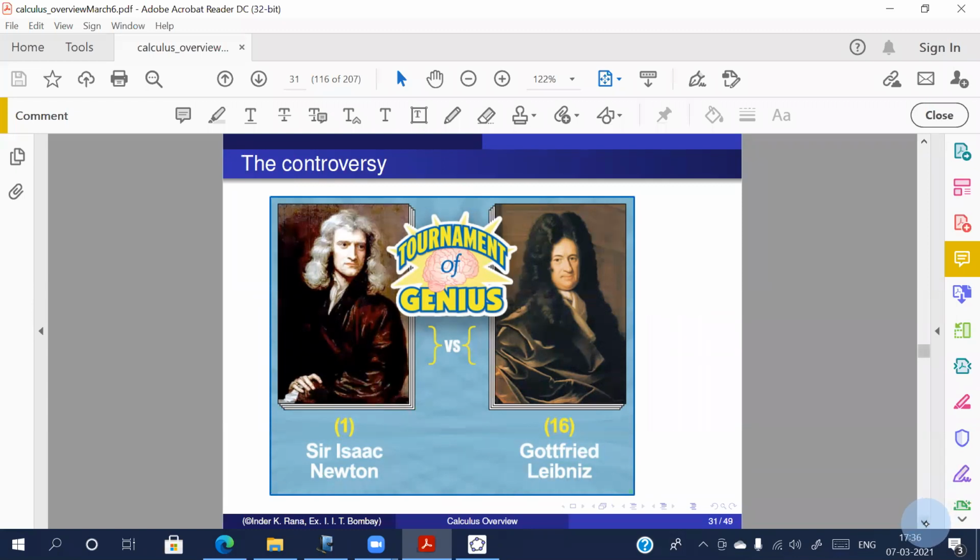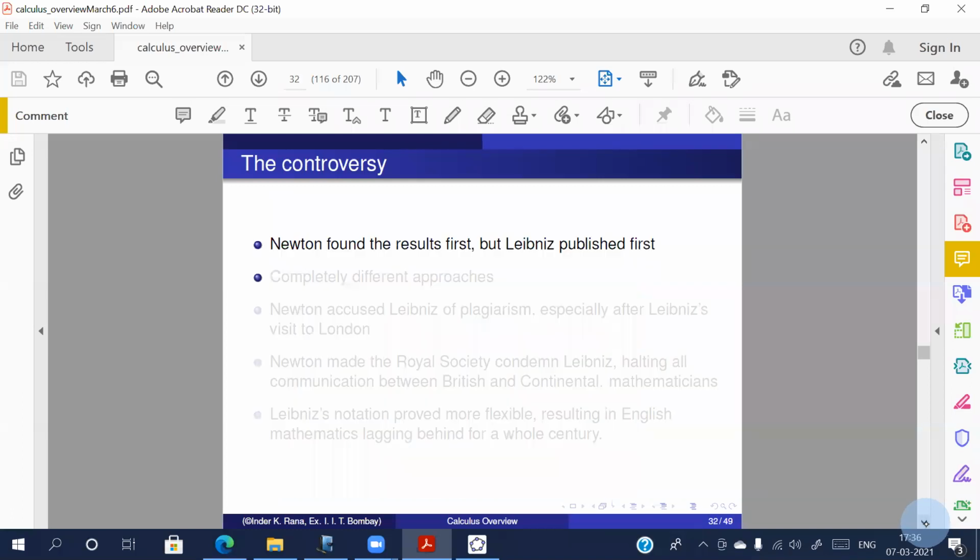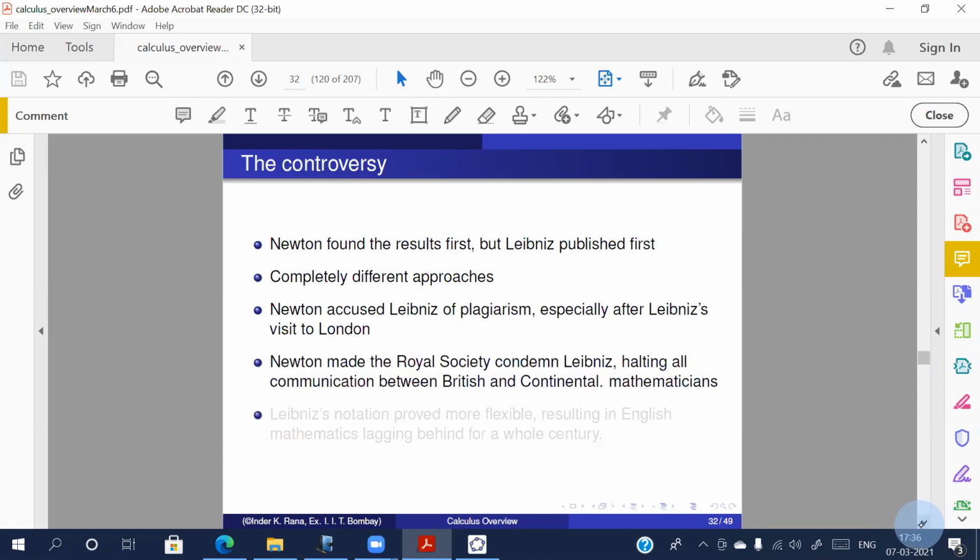I won't go into the controversy, but it's interesting to read on the internet nowadays what that controversy is about. Newton found the results first, but Leibniz published first. Both have completely different approaches. Newton accused Leibniz of plagiarism and so on, and Newton made the Royal Society ban Leibniz.